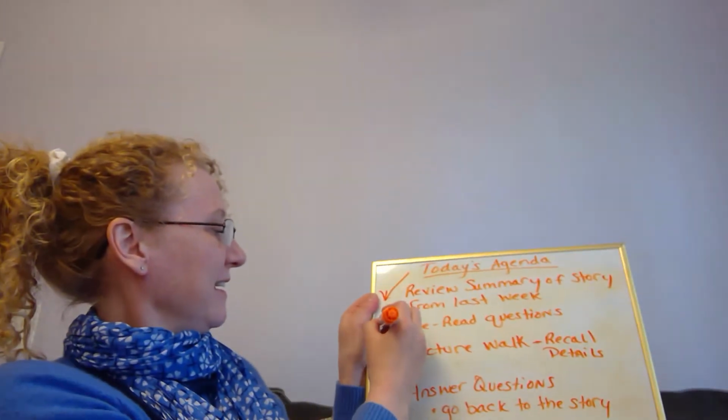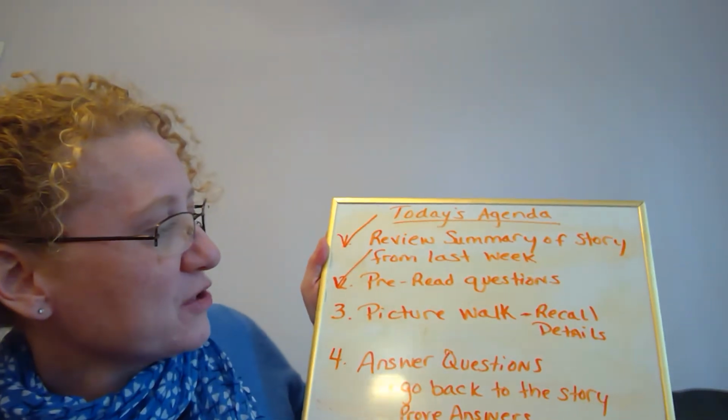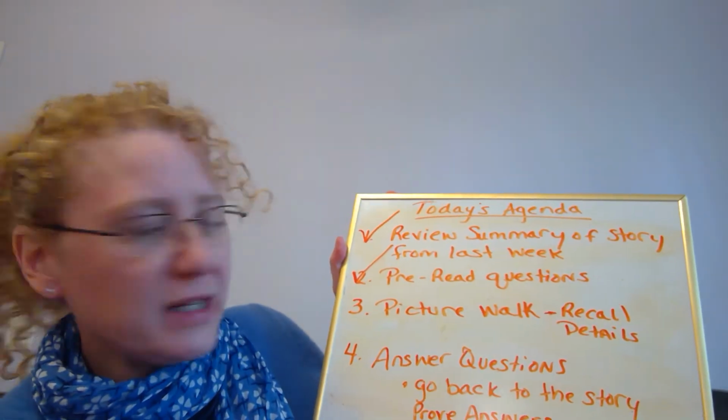Snow white snowflakes. Fletcher thought they were snowflakes, but if you remember, they actually were petals, or snow white nuts. And that doesn't seem to make sense to me either. So we can start to eliminate some of those answers already. We have already done two jobs, which is really exciting. We've pre-read our questions, and next we are going to do our picture walk so we can start to recall some of the details from the story.